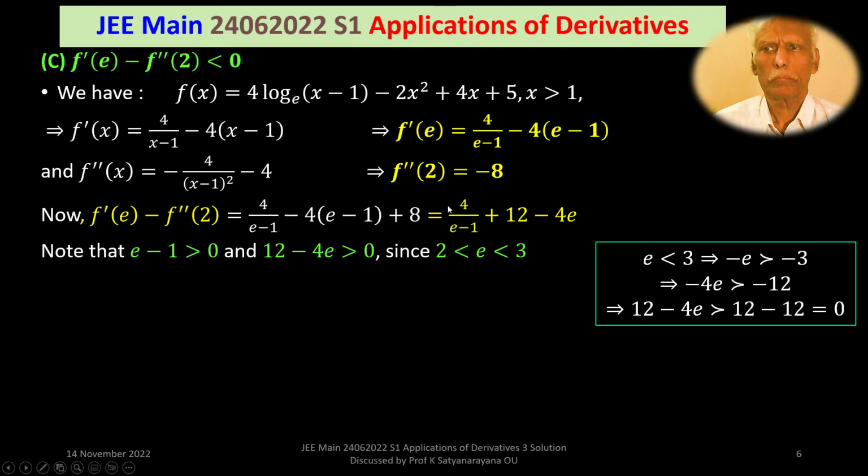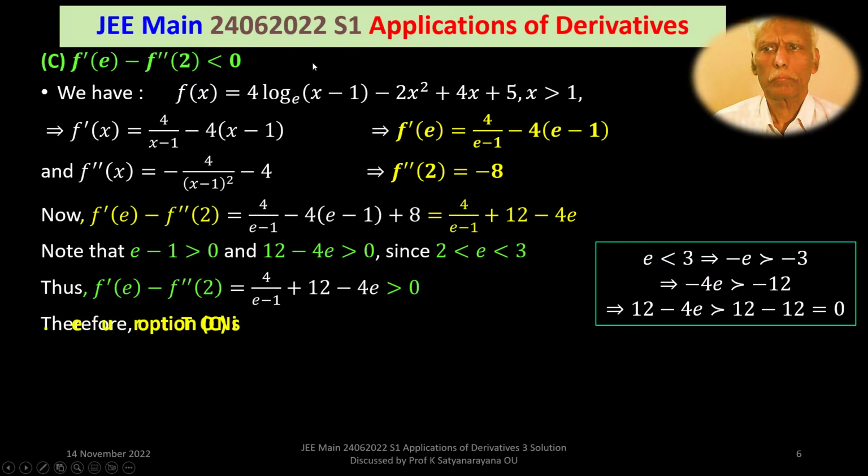So the first one is greater than 0, the second one is greater than 0. So f prime e minus f double prime 2 is greater than 0. But in option C, it is given less than 0. Therefore, the statement that is not true is option C. So, option C is not true.